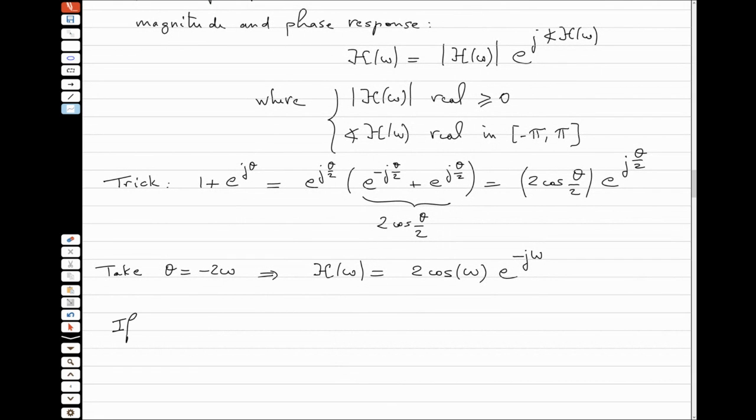If cosine of omega is non-negative, then yes, this is the magnitude, and the angle is minus omega.